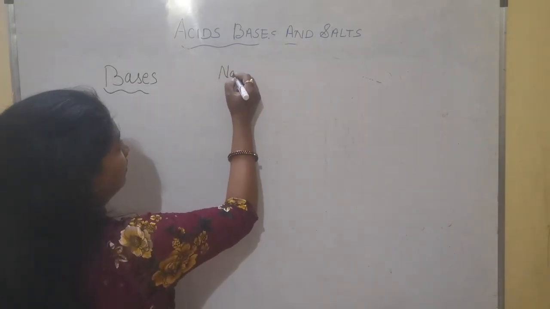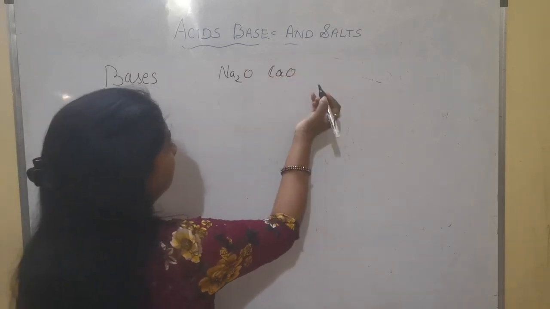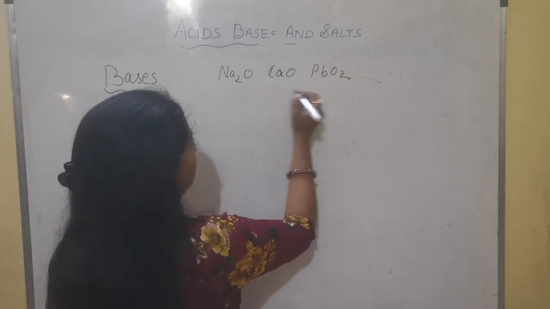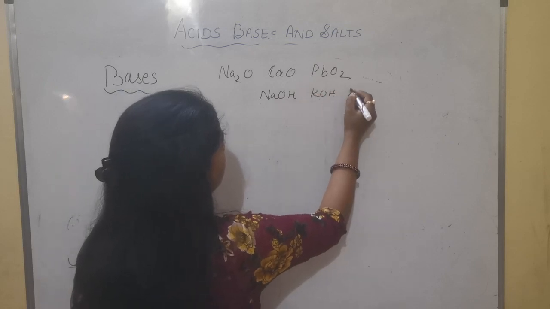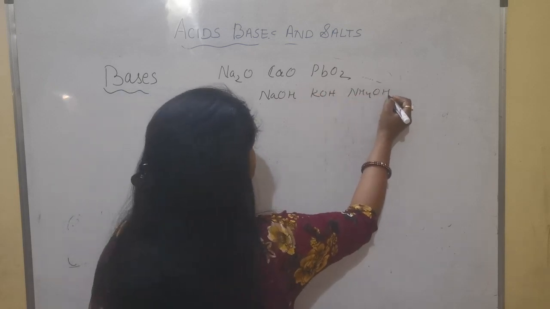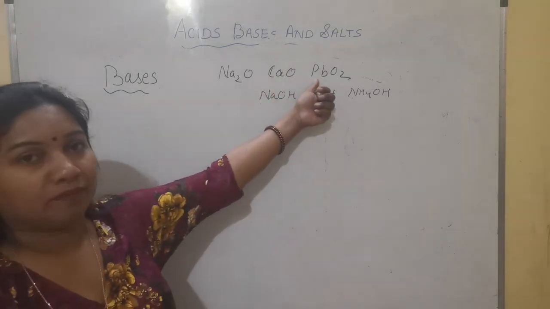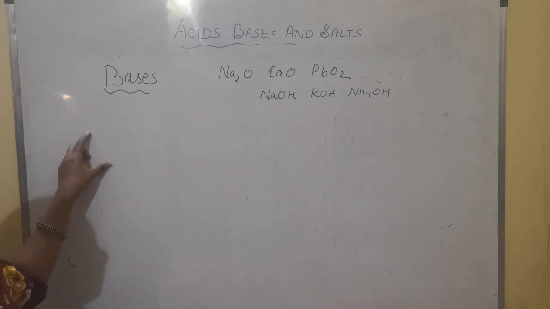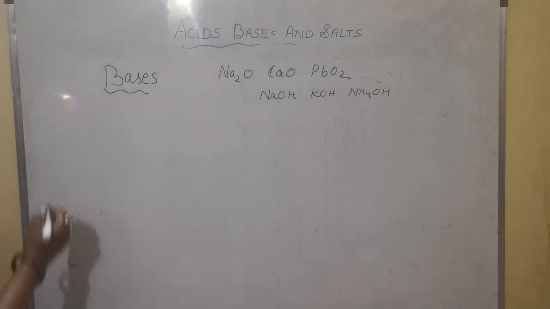Metal oxides, hydroxides, NaOH, KOH, NH4OH. In all these examples we are using metals. So definitely on the reactant side we have to use metals as one of the reactants. So the first method is from metals.